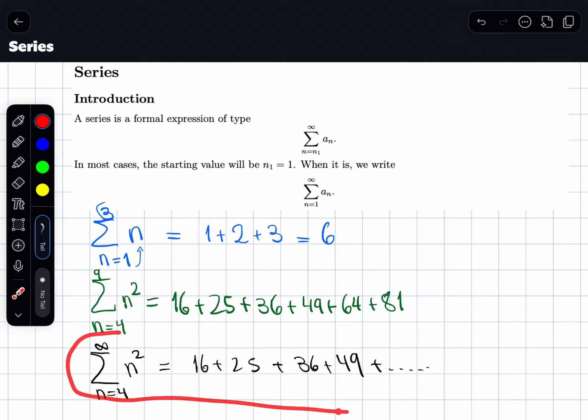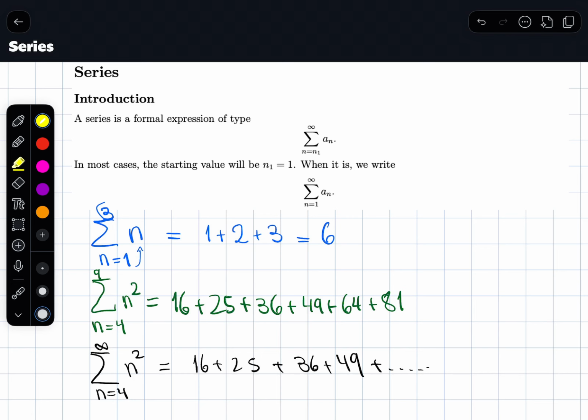So right here, this is the first example of a series that I'm showing you. One thing to pay attention to is the starting value. In most cases, we'll start at n equals 1, so the first number that you plug in is 1, but sometimes that's not going to be the case, like I did with 4 over here. Sometimes you're going to start at a different number, like n equals n1 at the top.